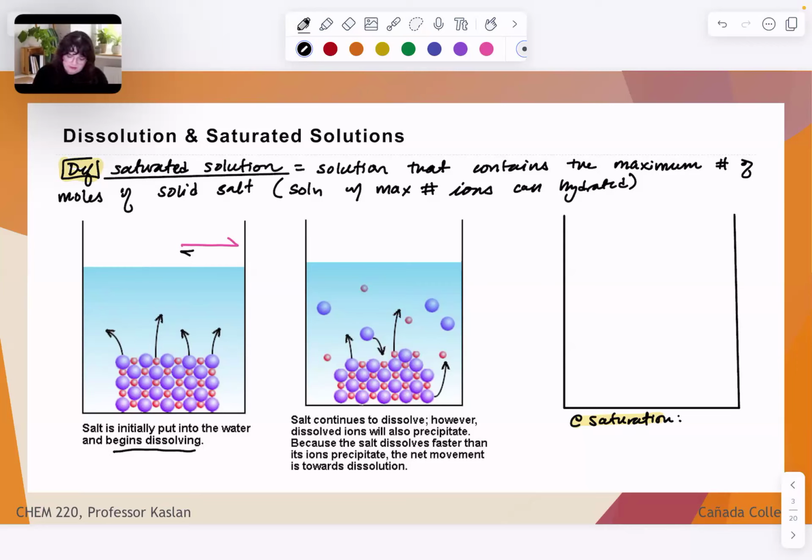So we have a large degree of dissociation. This forward part of being dissolved, going from solid to aqueous ions, is what's favored at these initial conditions.